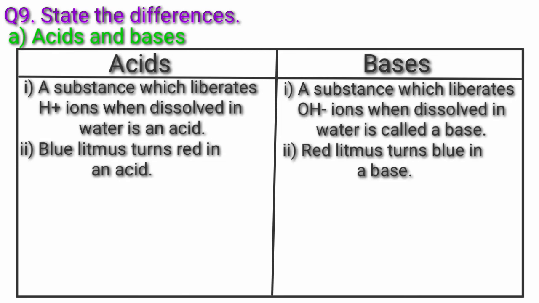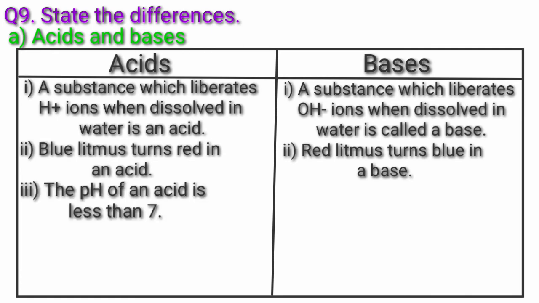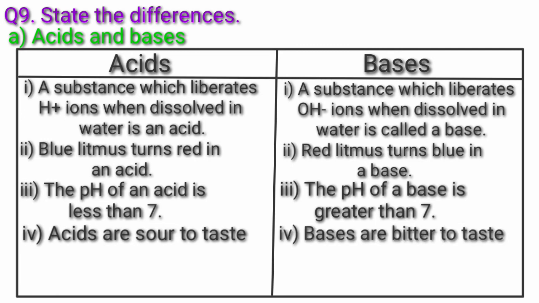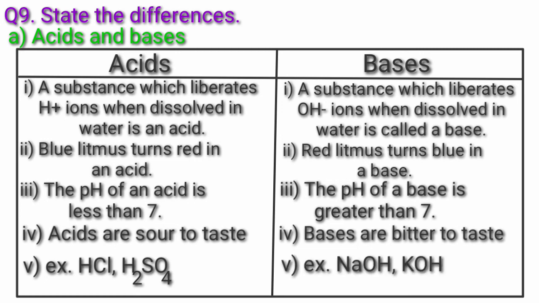Red litmus turns blue in a base. The pH of an acid is less than 7. The pH of a base is greater than 7. Acids are sour to taste. Bases are bitter to taste. Examples of acids are HCl, H2SO4, and examples of bases are NaOH, KOH.